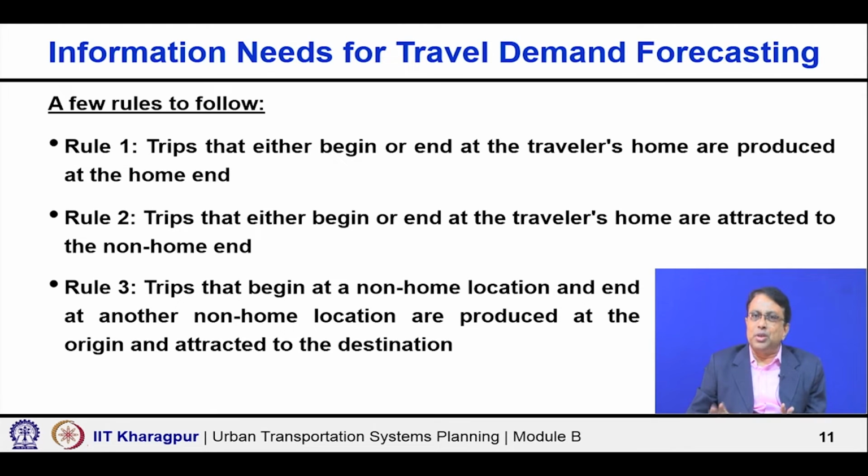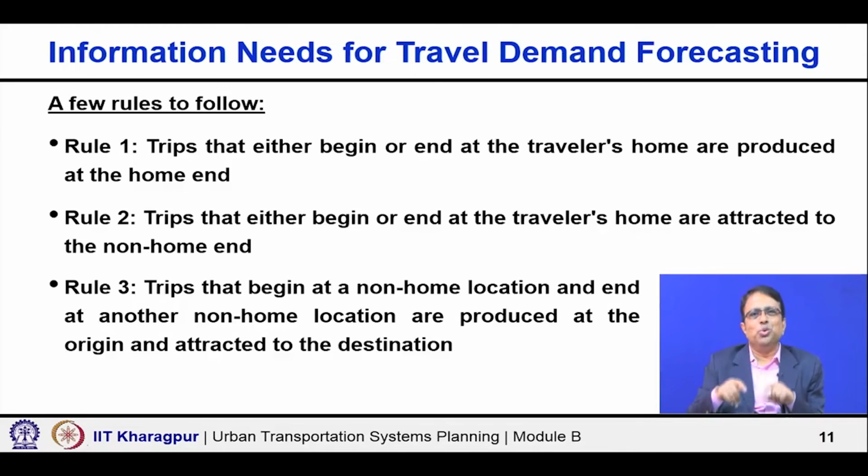For those trips where neither end is home end, we can say the trip production is at the origin, attraction is at the destination, simple. In that case only, origin, destination, production and attraction maybe you can consider synonymous. Origin means that is the production, destination means that is the attraction.